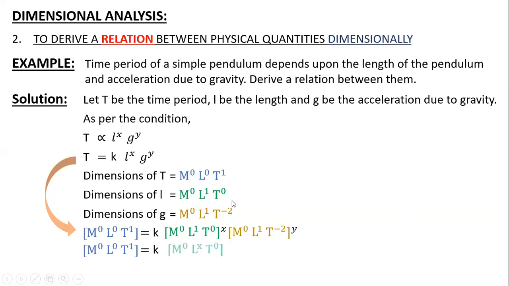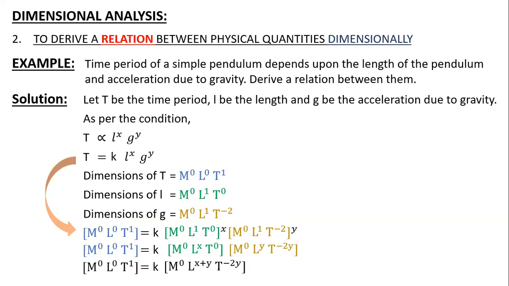So that will become L power x, and in the second bracket that will be L power y and T power minus 2. Then again I can simplify it further. Left hand side there is 1, but on the right hand side, since it is multiplying, you can add the powers. Again exponent property, same base multiply, powers get added.